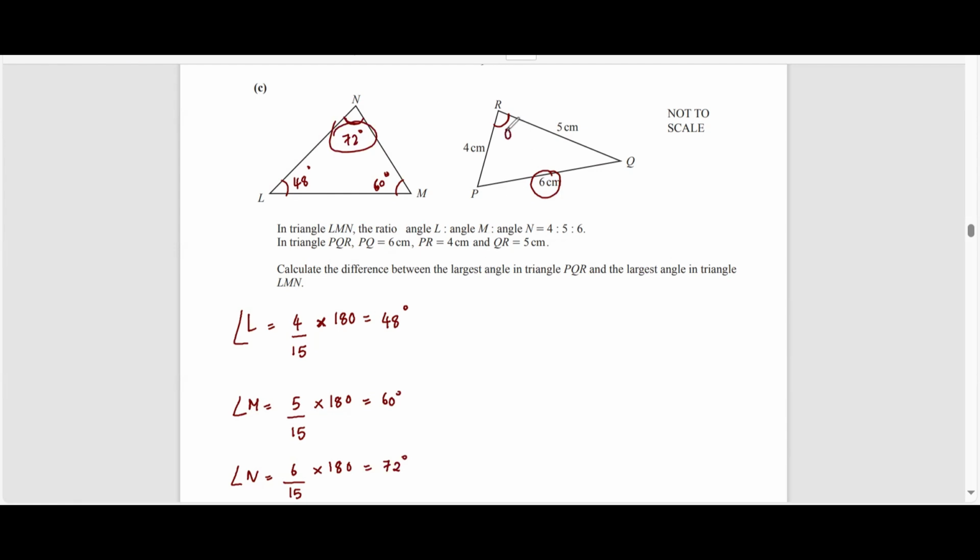So basically, I need to find angle R. We can use the cosine rule here to find the missing angle if all 3 sides are mentioned.